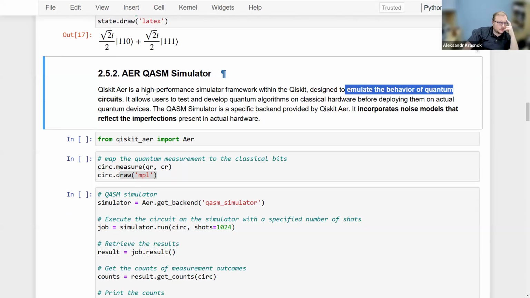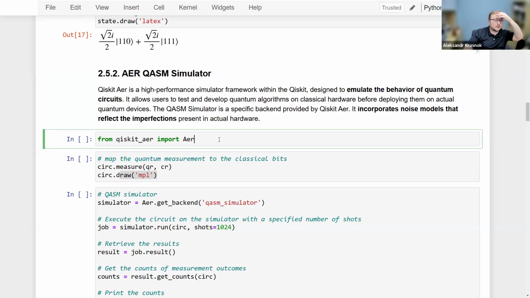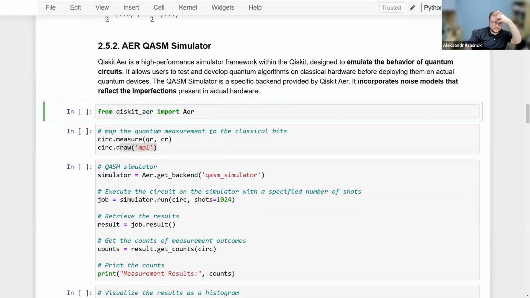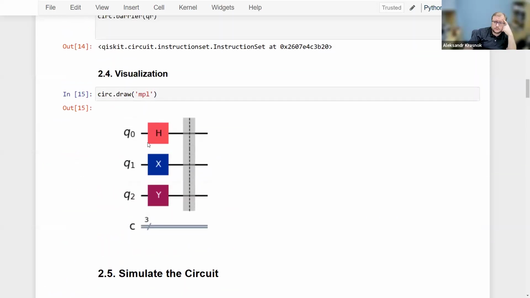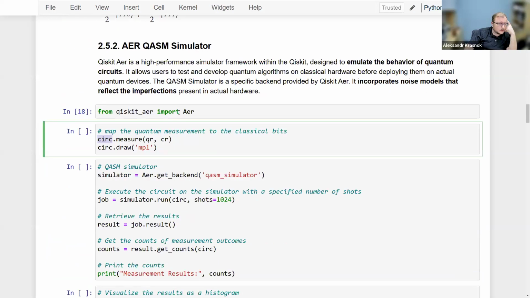So to be able to use this custom simulator, you need to import Aer from Qiskit Aer. And then I already have my circuit, this one, a 3-qubit circuit.